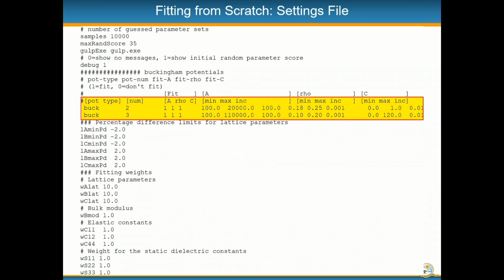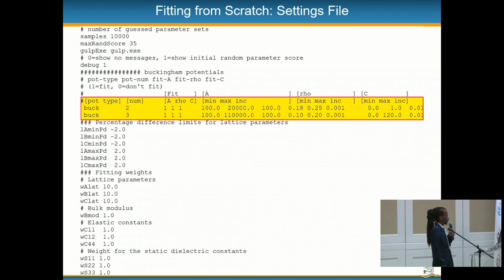And you also need a settings file to do this. You need to specify how many initial parameter guesses you're going to run, and on the highlighted region there, I think the 111, this is where you specify the parameters you're going to fit.